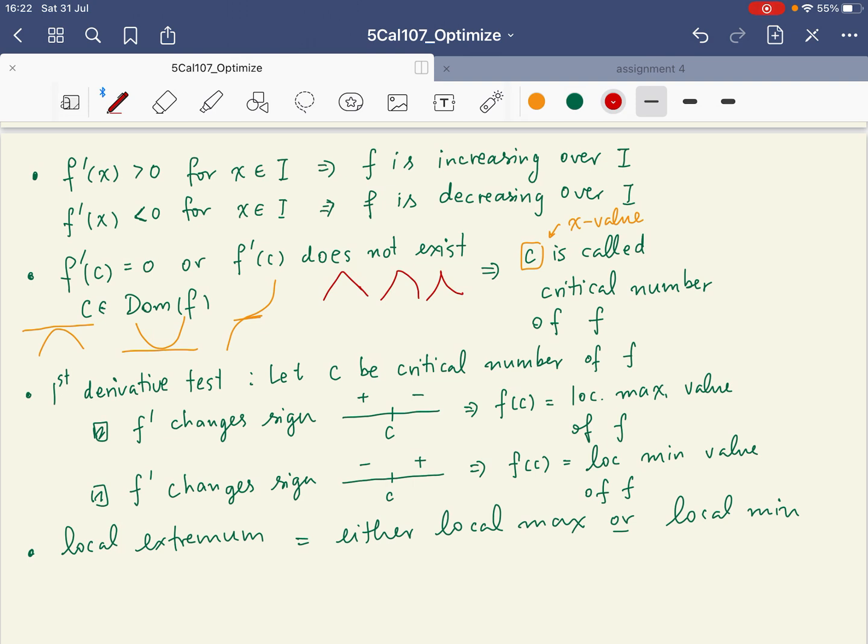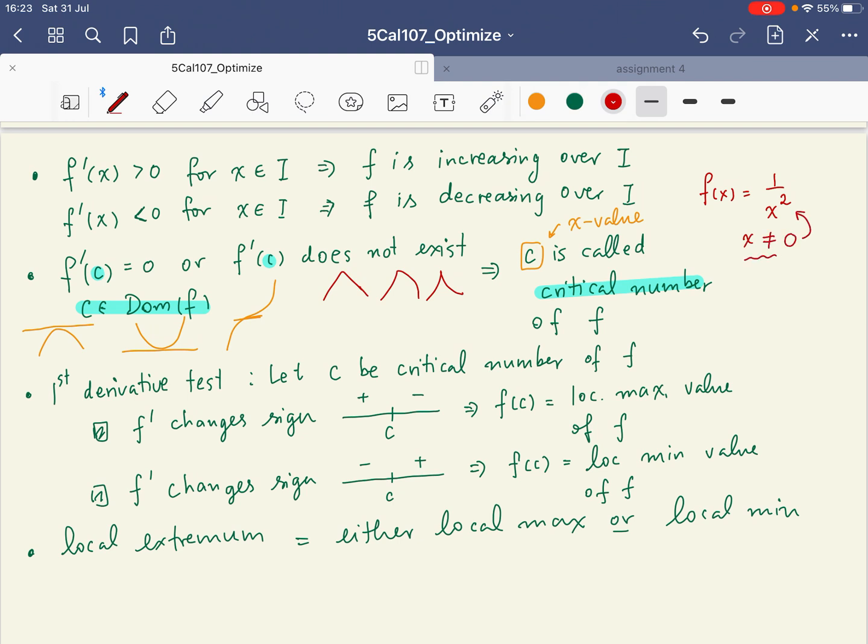The thing that we need to emphasize here is that the c, the x value you are talking about, in order to be a critical number, must be a number that is originally inside the domain of the function. For example, if your function under consideration looks like 1 over x squared, then your x cannot be 0 at the beginning, right?